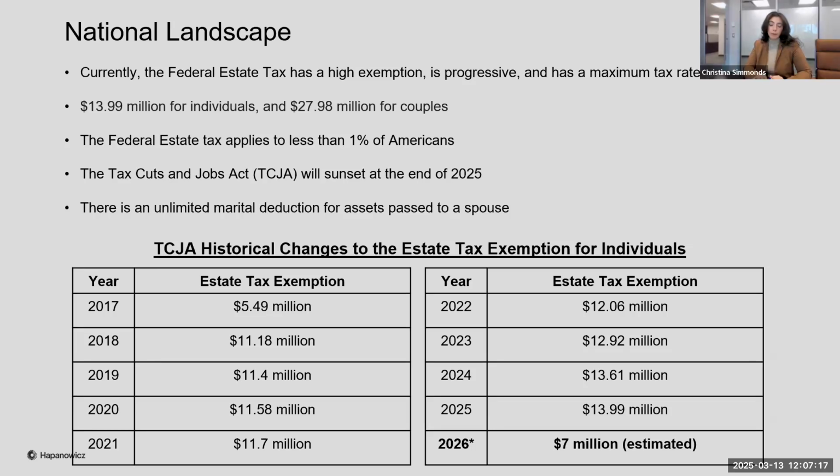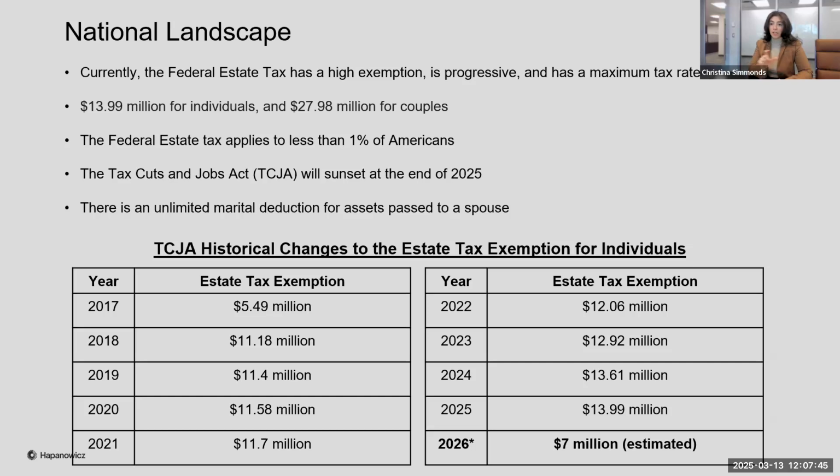Now, there is a very specific group of individuals or families who, under current laws, may not have to worry, for lack of a better word, about federal estate tax. And then, depending on where their net worth value is at that time, they may have to consider federal estate tax if the exemption does come back down to 7 million.